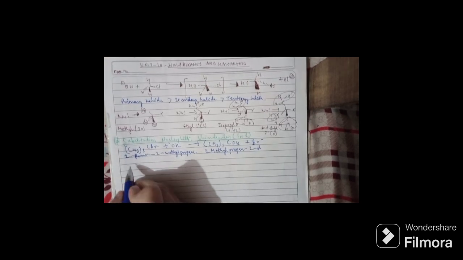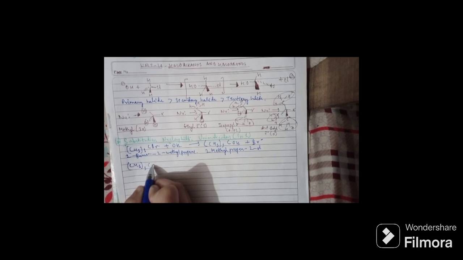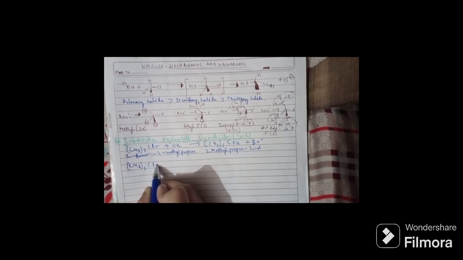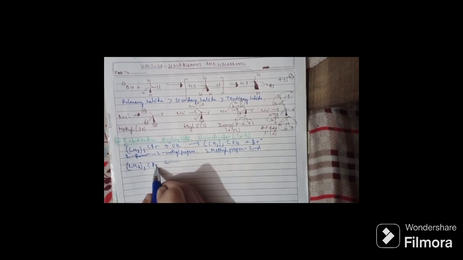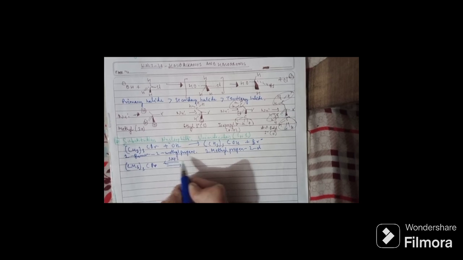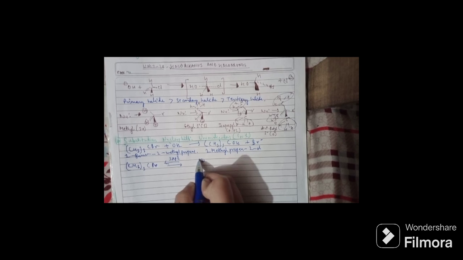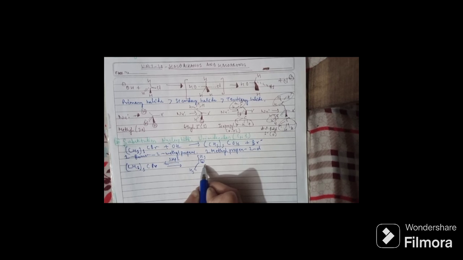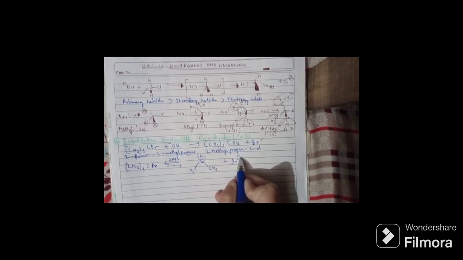The reaction we have is (CH3)3CBr. Step 1: it gives (CH3)3C+ plus Br-.